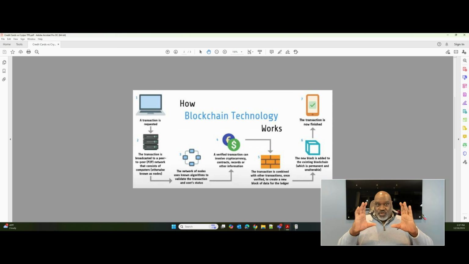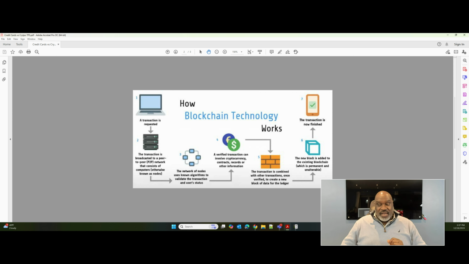Once that block is created, it then gets written to the blockchain, a public ledger, if you will. Everybody can see the transaction. It went from this wallet to this wallet. This is how much went from that wallet to that wallet. Done. Awesome, right? I'll get to the time frame in a moment.